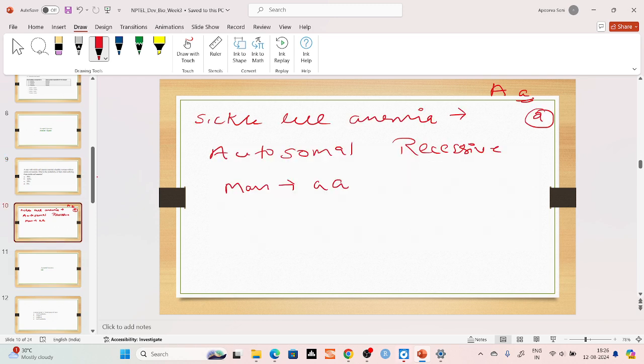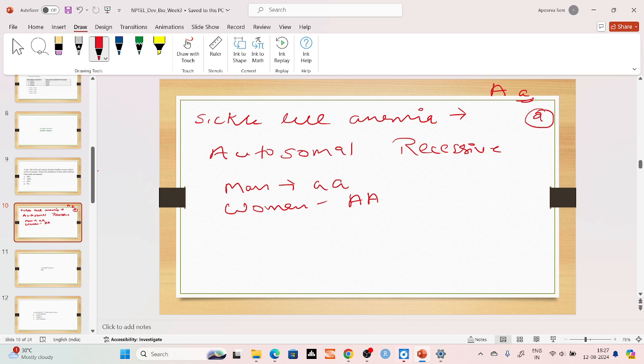They have not mentioned clearly whether the woman is a carrier or not, so we'll consider that the woman is not a carrier, she is healthy. So her alleles are AA.